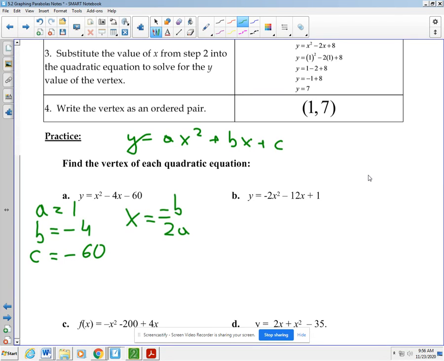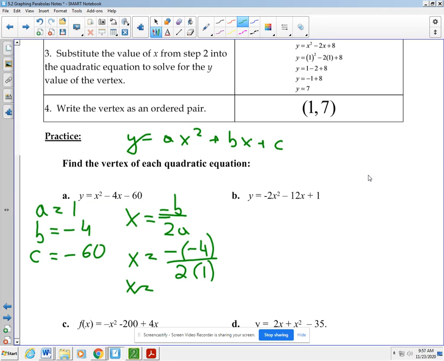So in this case, you will get x equals the opposite of -4 divided by 2a, which would be 2 times 1. And if you finish this, x is equal to the opposite of negative 4, which is positive 4, over 2 times 1, which is 2. 4 divided by 2 is equal to 2.